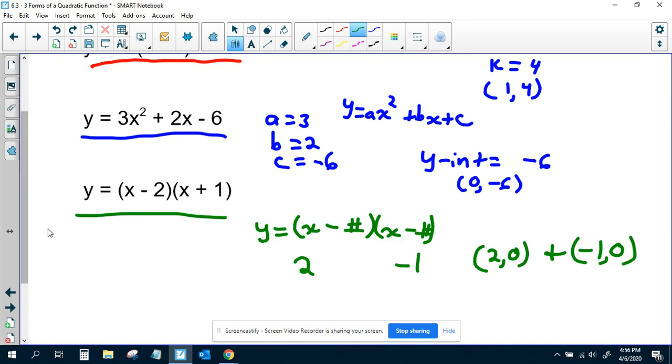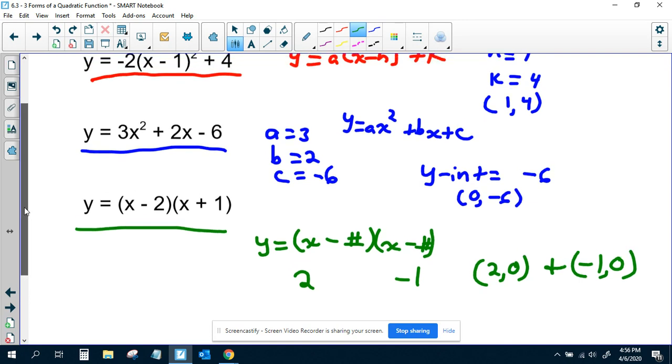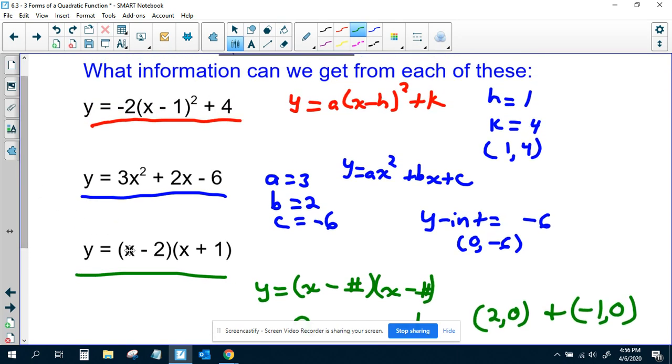All right. Now here's what I would like you to do next. I want you to go ahead and pause the video, and go to desmos.com and type in each of these functions. Actually, not on the same graph, just put them in separately. And see if you can determine that for sure our vertex is (1, 4).